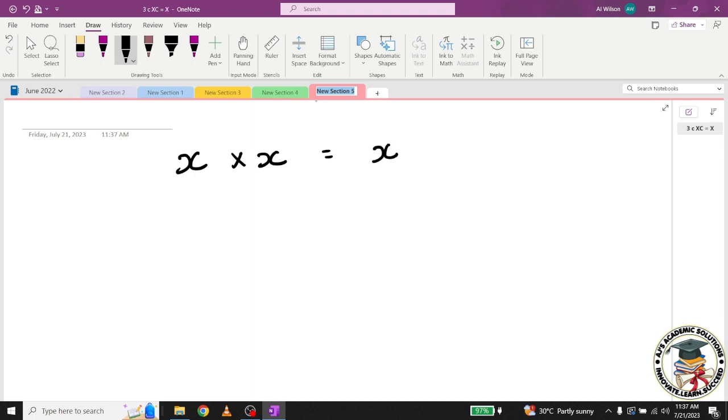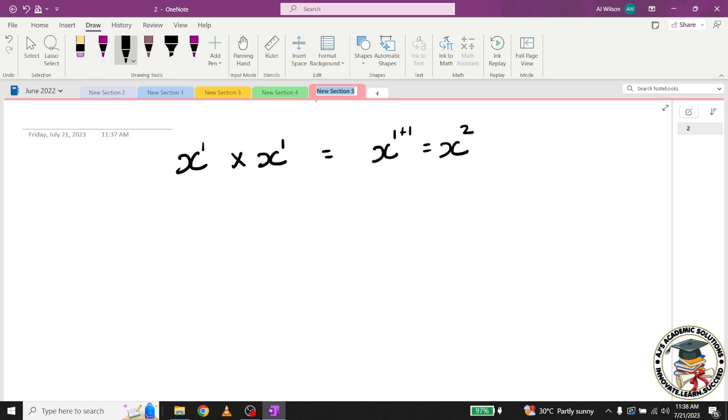Now, for law of indices, every numeral, and in this case variable, has a power associated with it. When you have a variable by itself, the power that it has is 1. So both of the powers here would be 1. Therefore, we say 1 plus 1. So we have x squared.